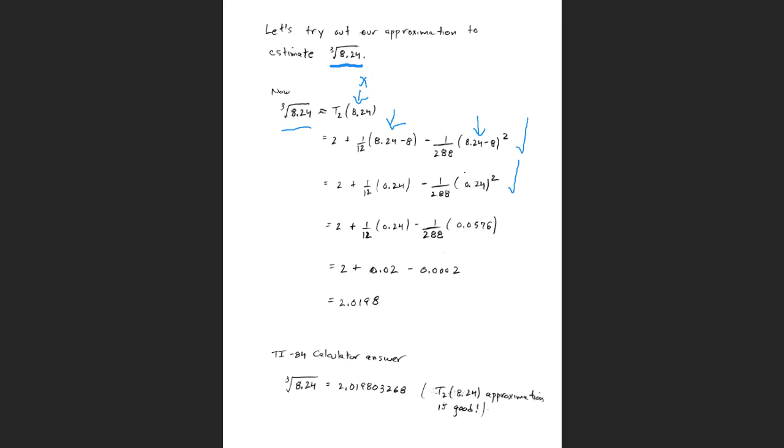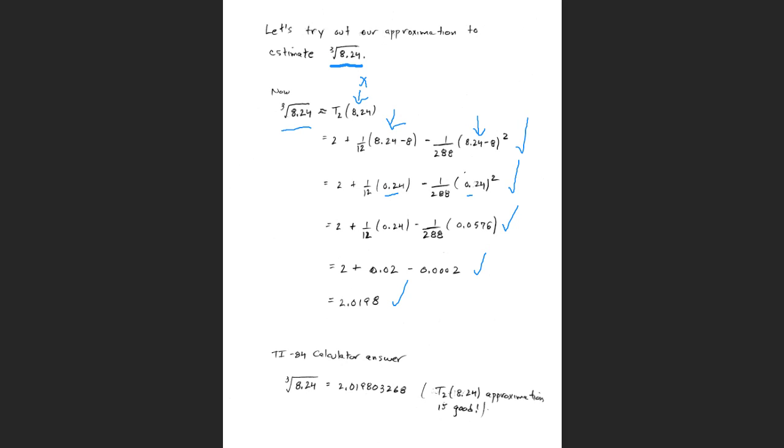I worked these computations out all by hand and got 2.0198. This would be what a mathematician 200-300 years ago would need to do to estimate the cube root of 8.24. And of course, you can program a computer to do this too. How are these computers coming up with these answers? There has to be some algorithm programmed in the computer to do it.